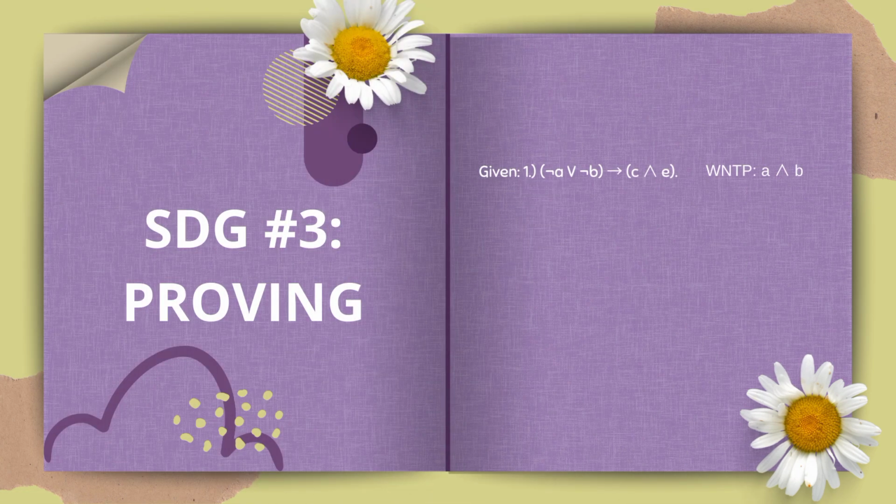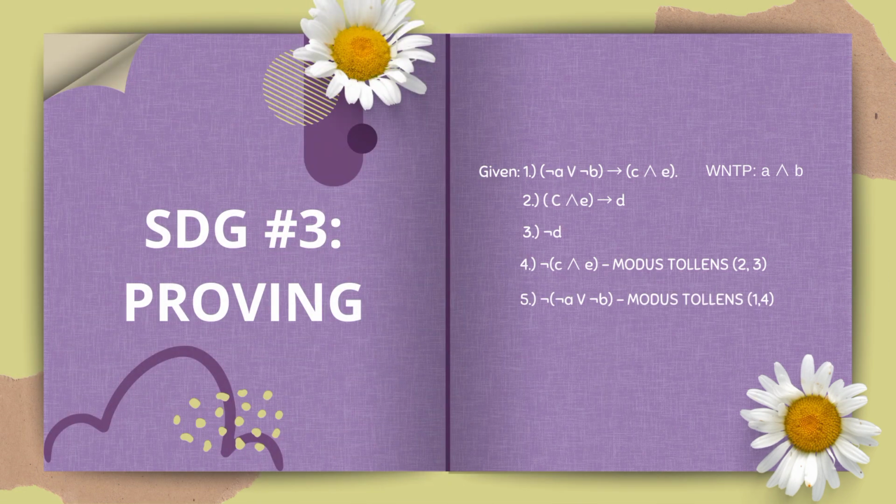Here's the given. The negation of A or negation of B implies C and E. This is our first premise. Our second premise is C and E implies D. And the third is negation of D. Number 4, negation of C and E, which is obtained by modus tollens of 2 and 3.